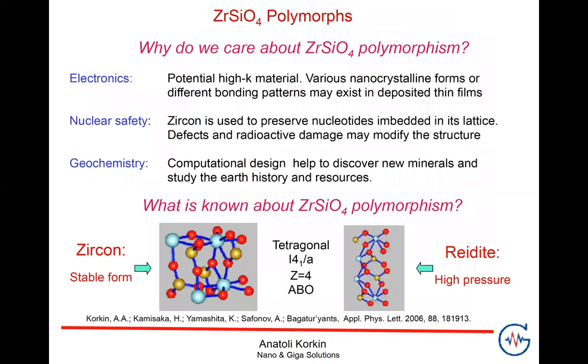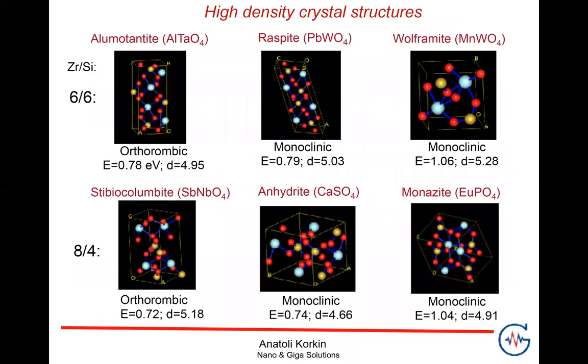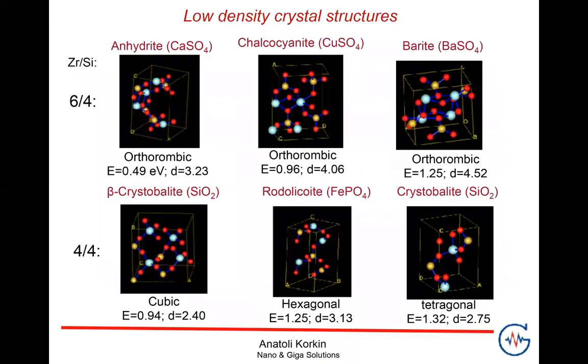One more example: we have been studying various zirconium silicon oxide polymorphs. Only two of them are known in nature, so-called zircon and reidite. In our study, we found six higher density crystal structures with different arrangements of atoms, and also six low density crystal structures.